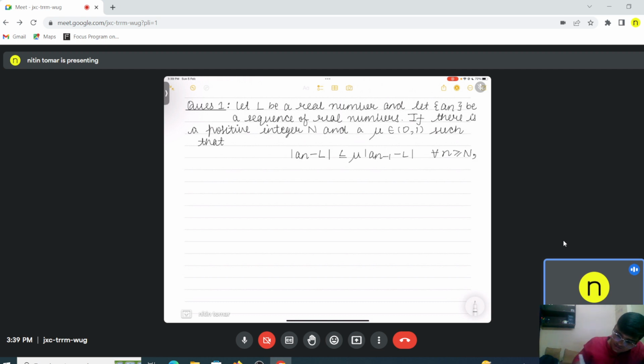Then what can you say about the limit? Then show that the limit of a_n as n approaches infinity is L.